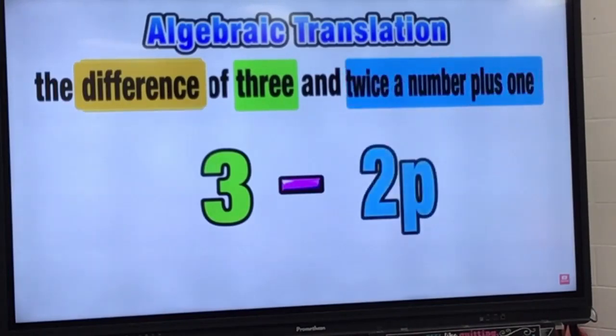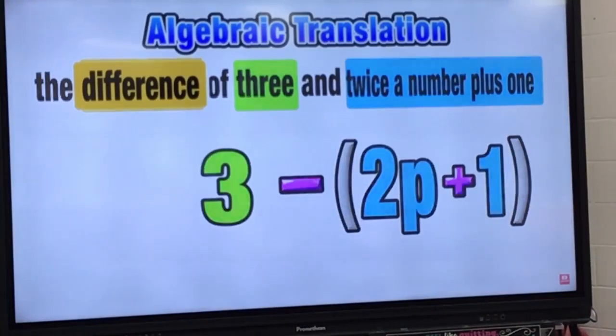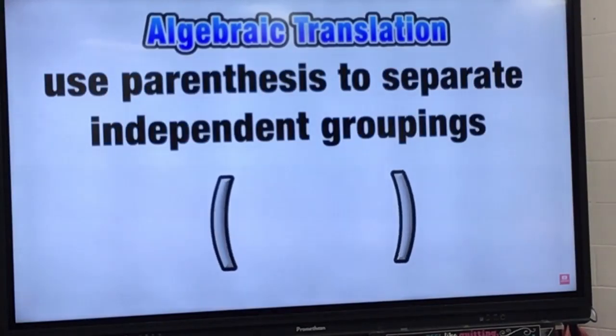Now instead of p, we have to represent that whole expression, which we can call 2p plus 1. We can enclose this individual expression in parentheses. So when performing algebraic translations, you can use parentheses to separate the independent groupings.